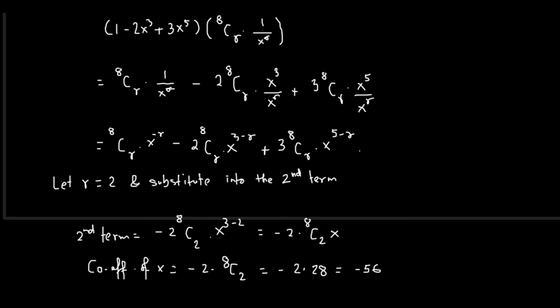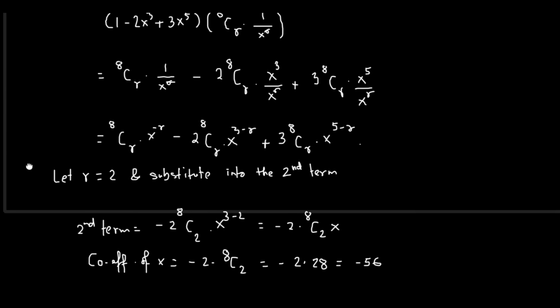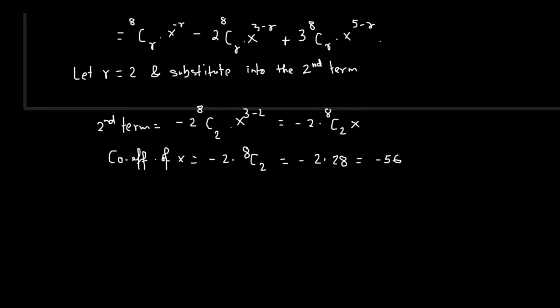Now we go to the third term, and then we're going to substitute. Let r be equal to 4, so that our third term becomes 3 times 8C4 times x raised to the power of 5 minus 4.